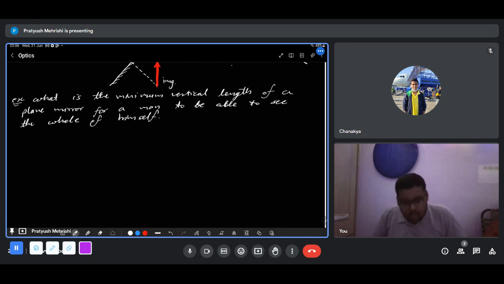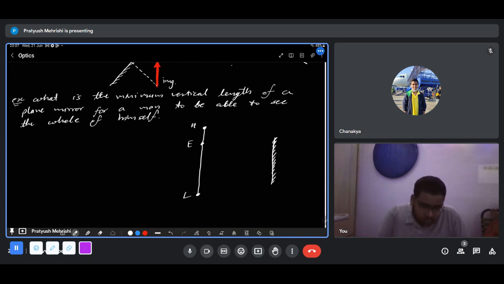Do you want to try? You need simple geometry. Let us assume that this is the head of the man, this is the eye, and these are the legs, and the mirror is this much. What should be the minimum length for the man to see his full length?